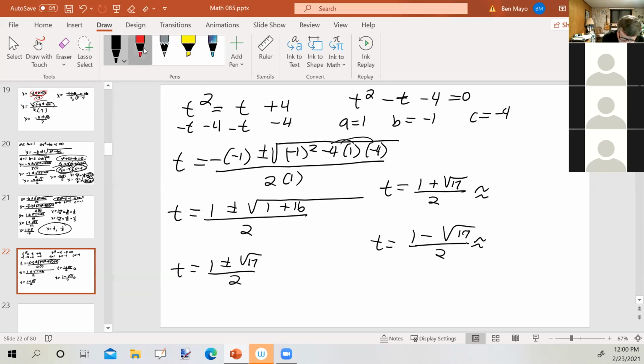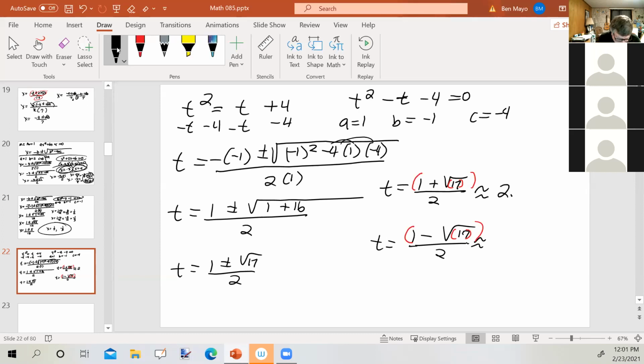Again, just like in the previous section, I need parentheses here and there. So parentheses, 1 plus the square root of 17, close up the square root with parentheses, close up the entire numerator with parentheses, divide by 2.